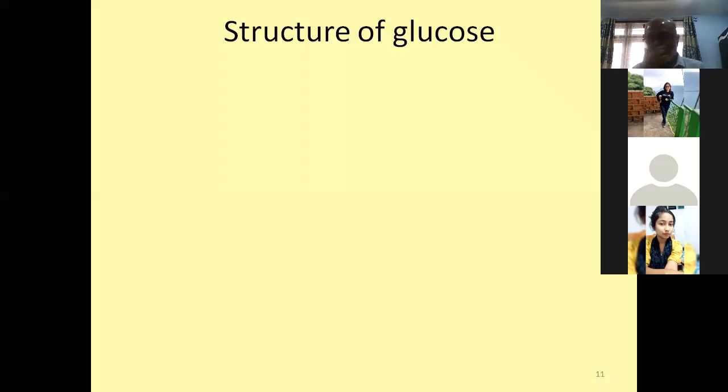So this is important. From here we start our actual topic. I don't know whether this part will be taught in the MSc class when carbohydrate is taught, but I will take it because without this structure, we cannot go to the actual world of carbohydrate chemistry. So we have to arrive at the actual structure of glucose, the real situation. This molecule is a very simple molecule.